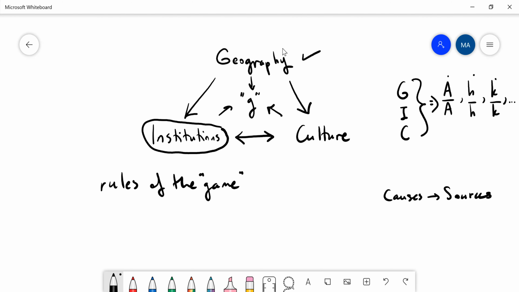You may imagine all this setup. There's this external world, the rest of the world, with which our economy interacts through trade, right, and the financial flows.